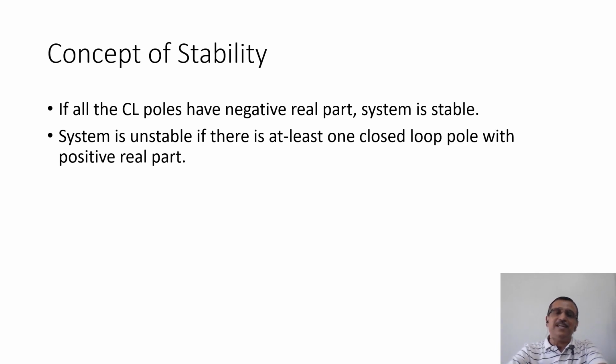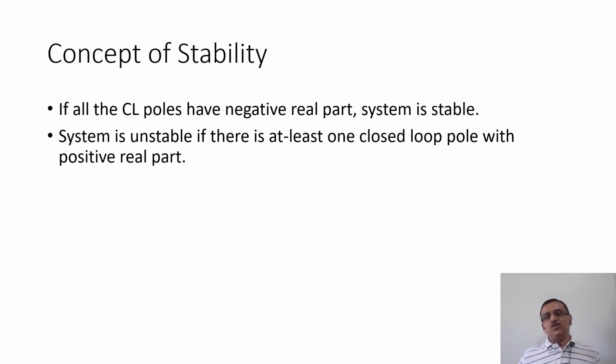I still remember. Why the S-plane is so important is because if the closed loop poles have negative real part, the system is stable. So you find all the closed loop poles. If all the closed loop poles have negative real part, then the system is stable.